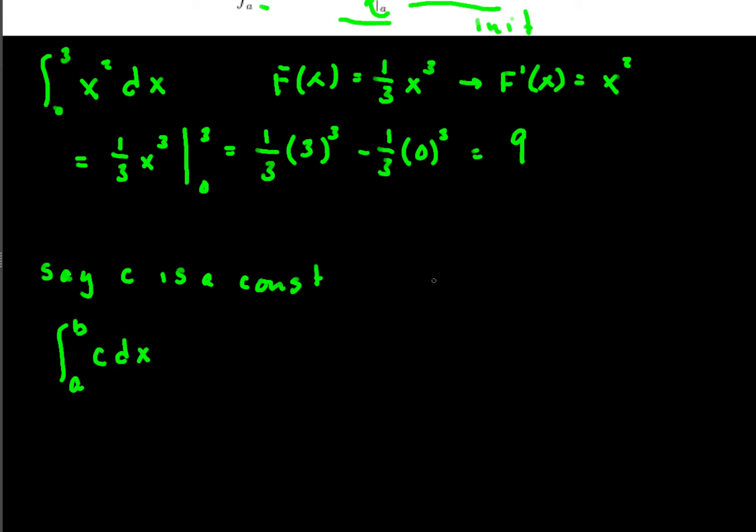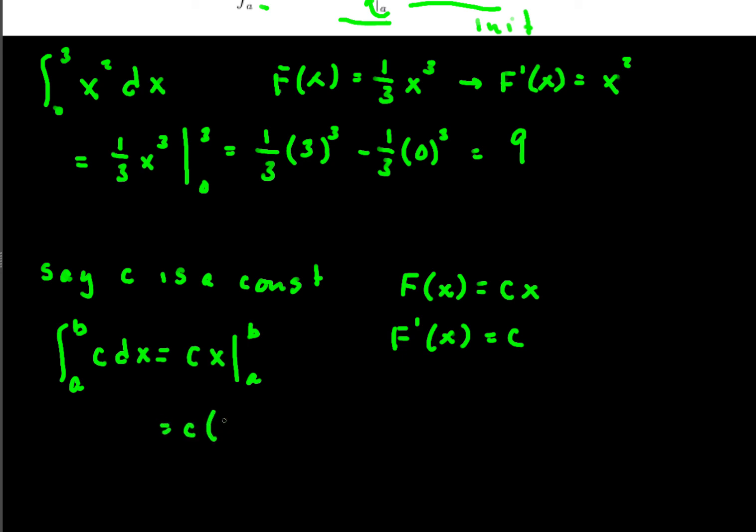Well, if c is a constant, then F of x equaling cx is an antiderivative, since F prime of x is just c. So since cx is an antiderivative of c, then by the fundamental theorem, this is equal to cx evaluated between a and b, which is equal to c times b minus a.